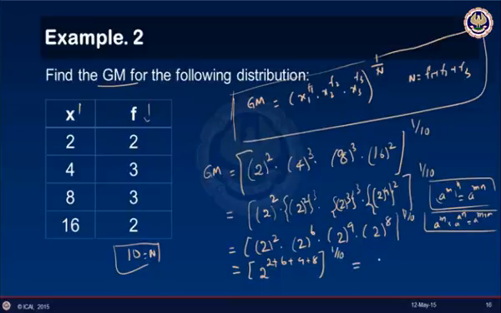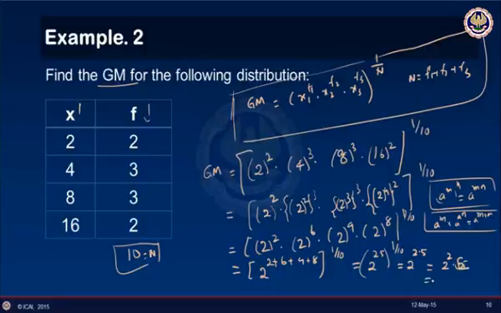And this is 2 to the power of (2 plus 6 plus 9 plus 8), which is 25, whole to the power of 1 by 10. This is 2 to the power of 2.5, since 25 by 10 is 2.5, which is equal to 2 squared into root 2.